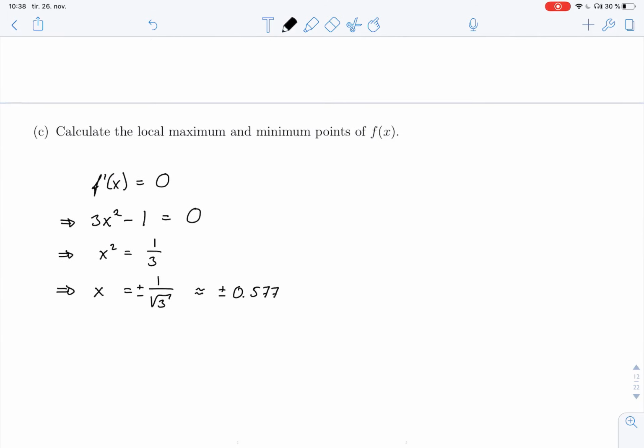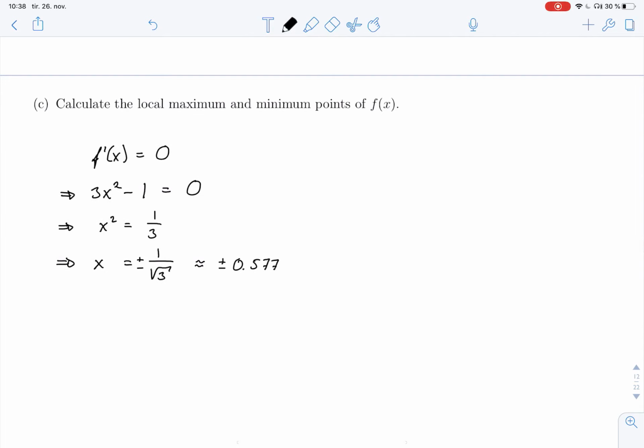Okay. But now we only have the x value. So we need to figure out what the y values of those are. So we start with one of them. Let's say we get x equals 1 over square root of 3. So if we put that into our function, we use whatever we had for the function.